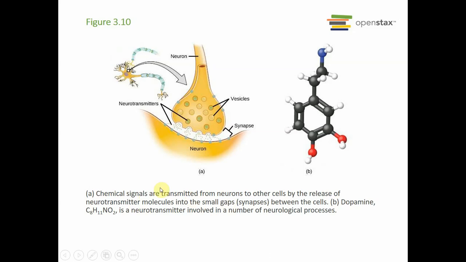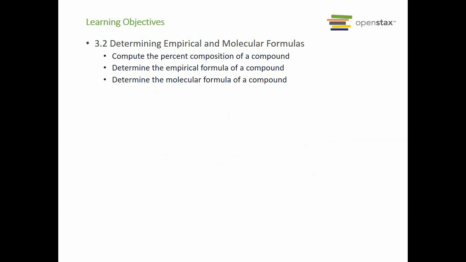Chemical signals are transmitted from neurons to the other cells by the release of neurotransmitters into the small gaps. Dopamine is a neurotransmitter involved in a number of neurological processes. This is what was a treatment for Parkinson's disease, or it still is.